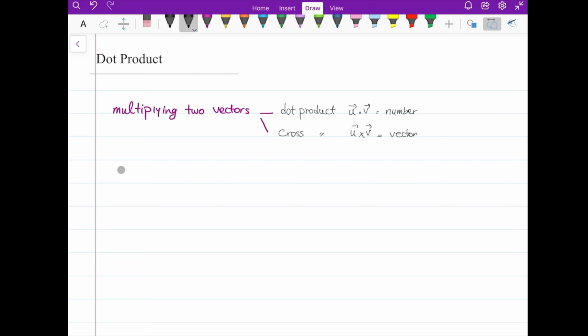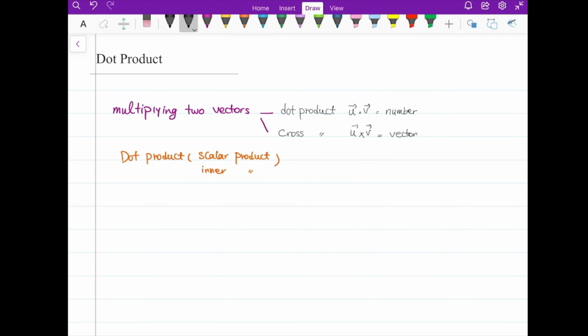But for the dot product, sometimes we say scalar product, or sometimes we say inner product.